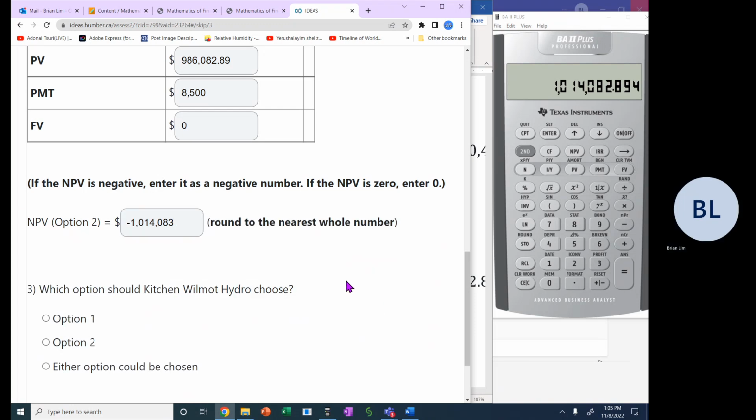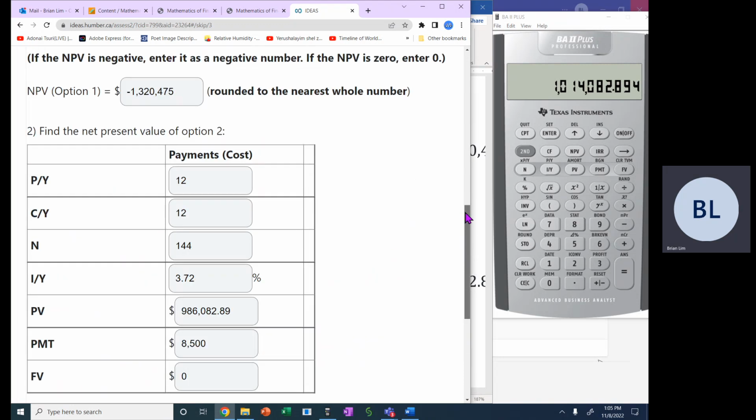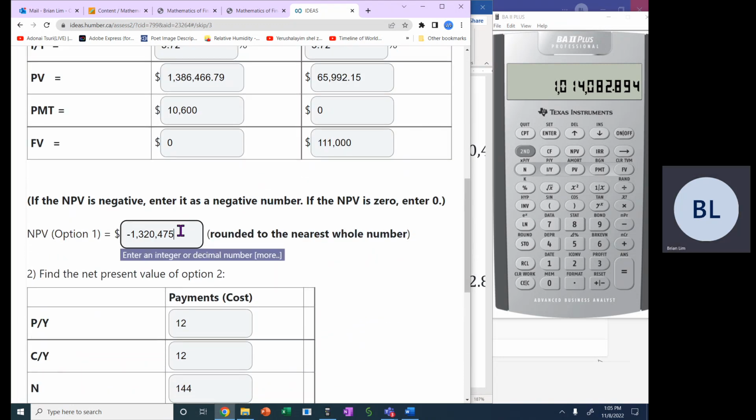Well, we are making payments. It's an outflow. Money is going out. So that is the number for option 2. And that is the number for option 1.